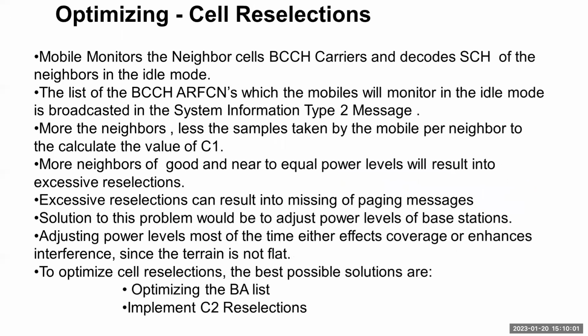So one case is using the cell selection and reselection parameters, we can select the cell. More neighbors are good, but near-equal power levels will result in excessive reselection.